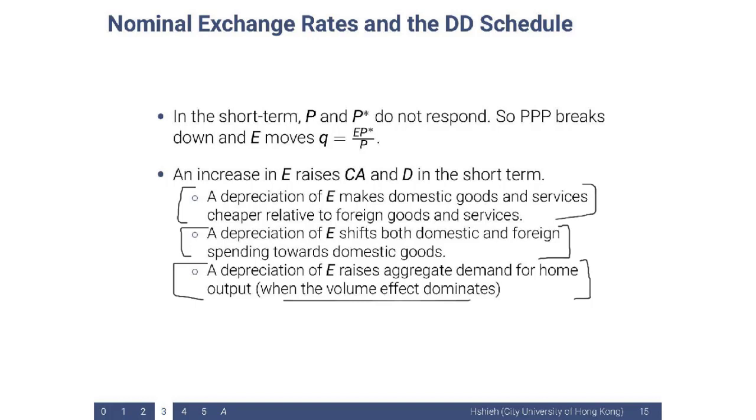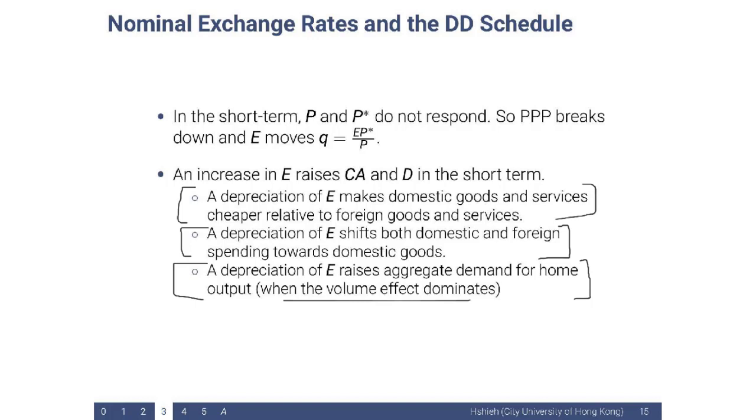All right. So what should we expect when we change E? I'll give you 3 ways to think about it. The first is if we increase E, that's going to depreciate the domestic currency in real terms, right? And that's going to make domestic goods and services cheaper relative to foreign goods and services.